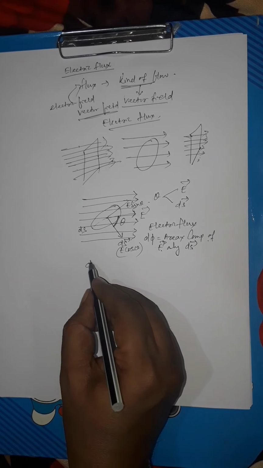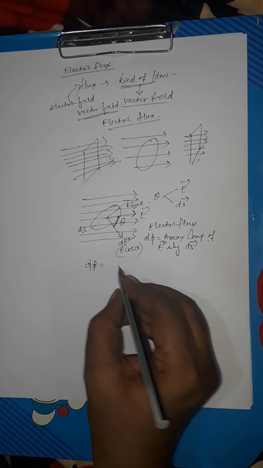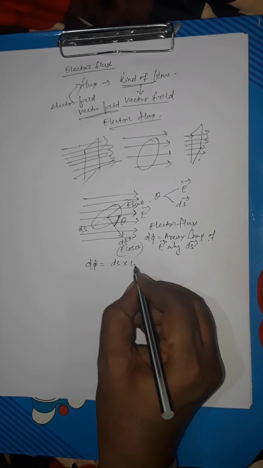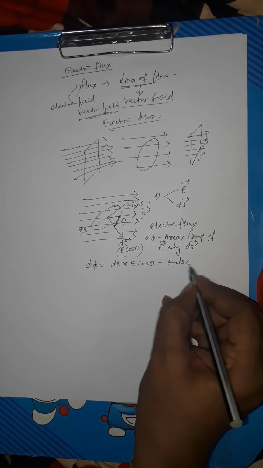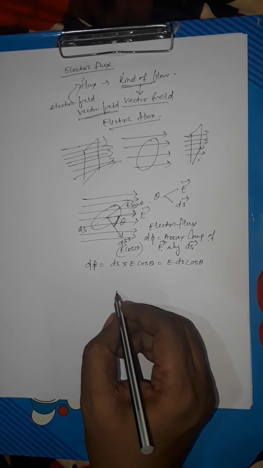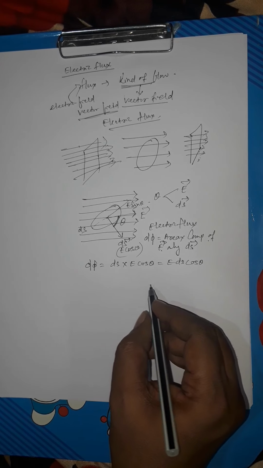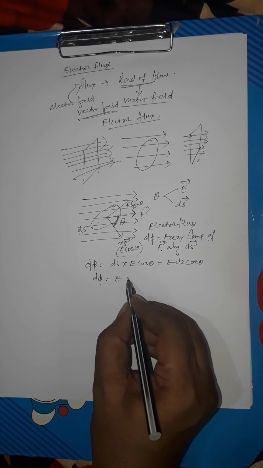So d phi is equal to ds into E cos theta, that is E ds cos theta.